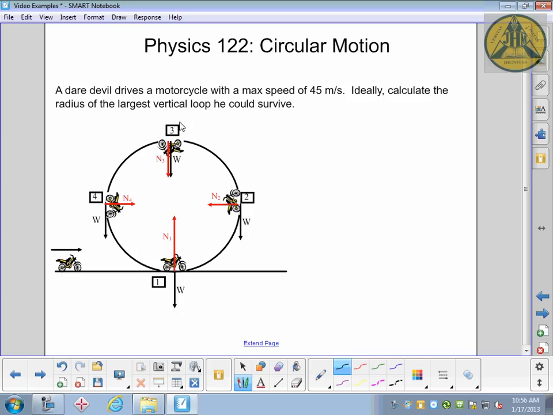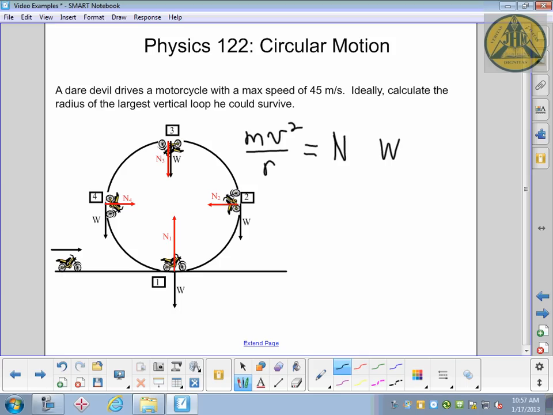So, analyzing the directions of the forces at the top, we need the centripetal force, mv squared over r, is supplied by, remember the centripetal force is the force necessary to keep going around a circle. Well, that's supplied by both the normal force and the weight, and they're both acting downward.